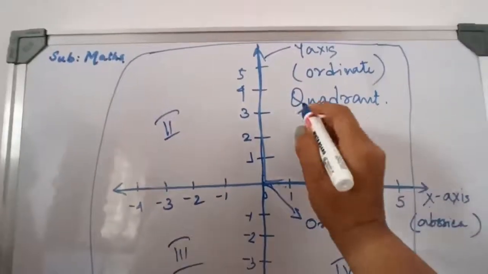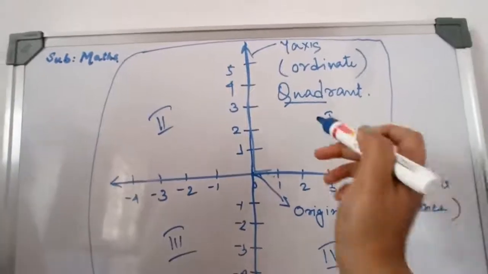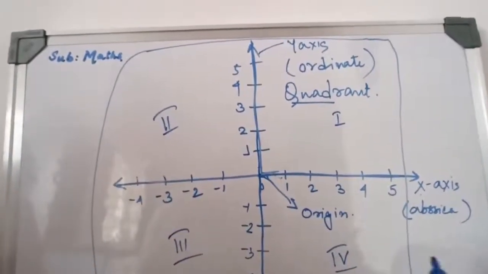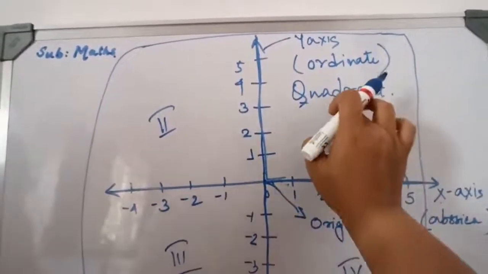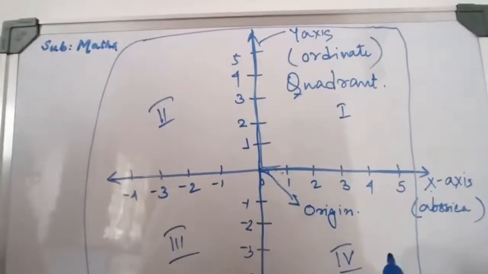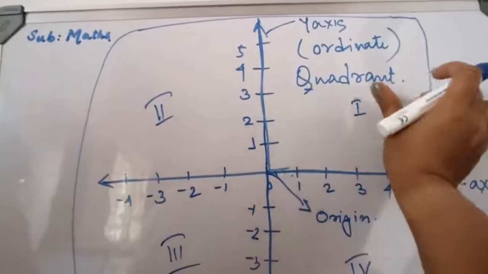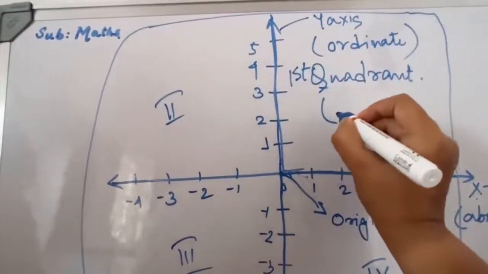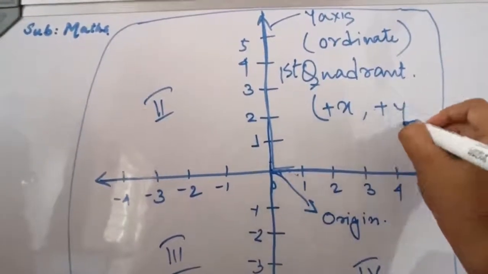Now what does the word quad mean? Quad means 4, and here we have 4 blocks. So quadrant denotes the different blocks, and the first block is known as the first quadrant. It has only positive x and positive y.